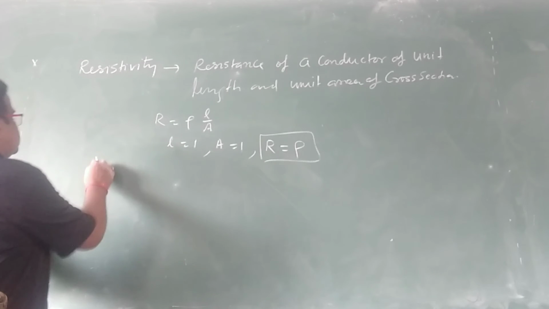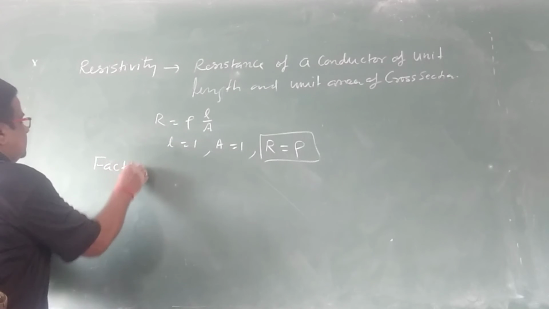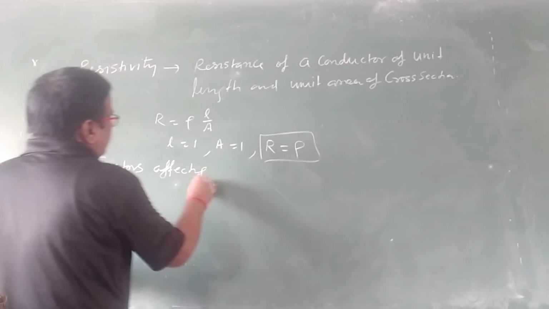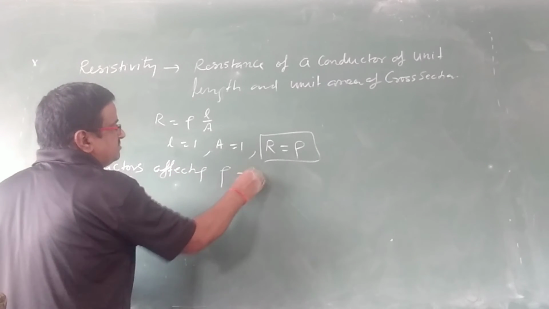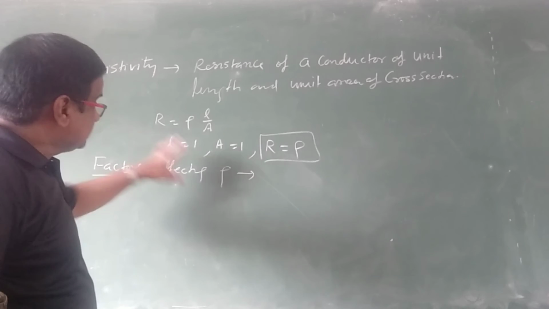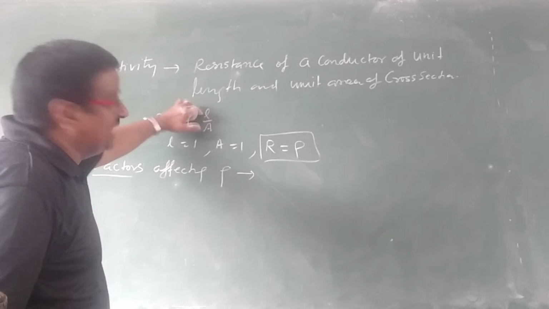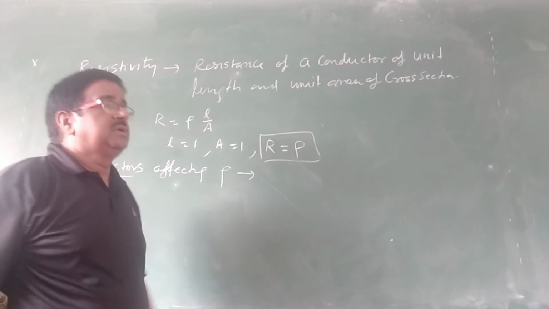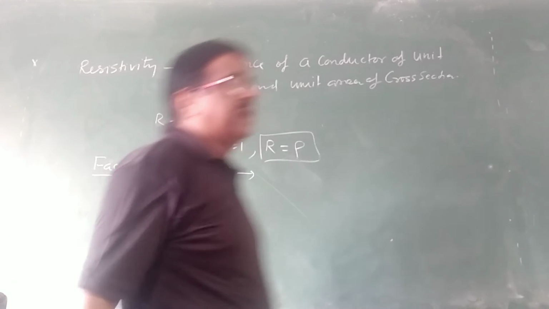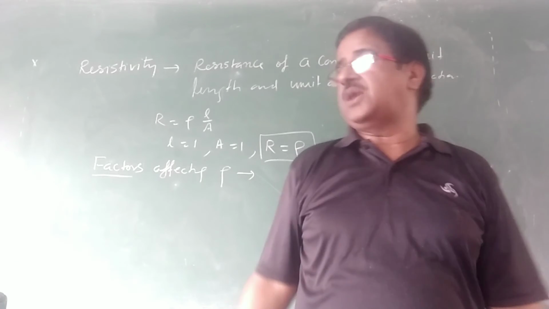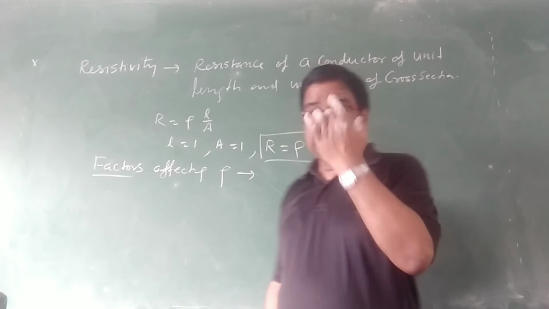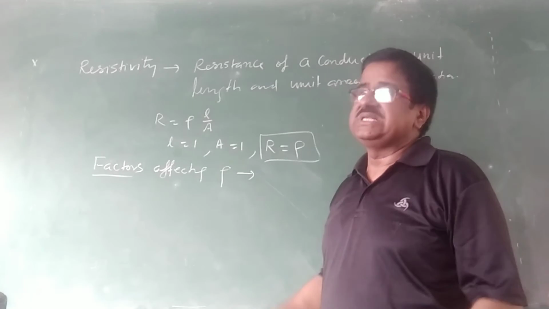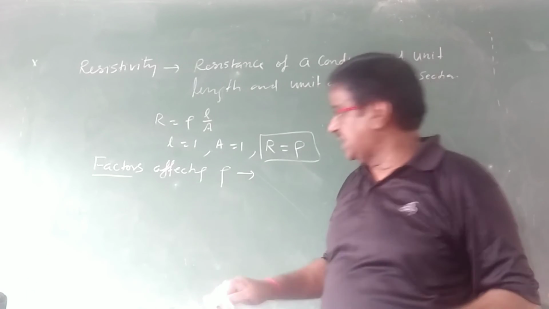So what are the factors affecting resistivity? Resistivity rho does not depend on length and area of cross section. My dear students, always remember, with change in length and area of cross section, resistivity of the conductor will not change. It will change only with the change in material.